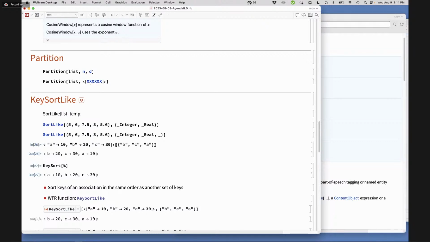I shouldn't say pattern. Sorts list in an order that conforms to template or something like that.